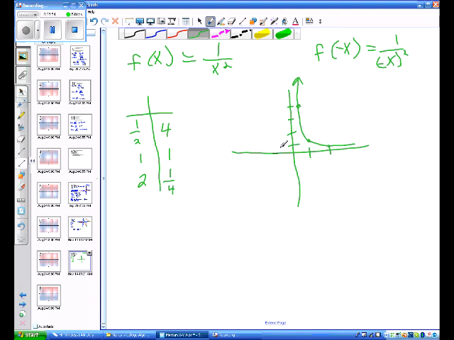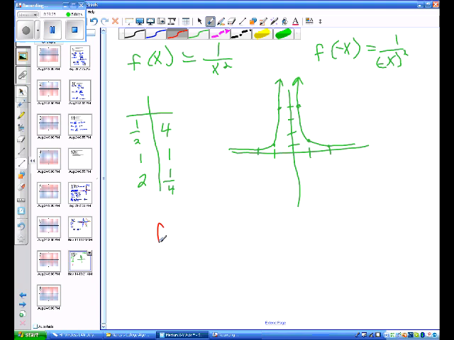Then at negative 1/2, I would still be at positive 4. At negative 1, I would be at 1. And at negative 2, I would be at positive 1/4. So instead of it being symmetrical about the origin, we're symmetrical about the y-axis. And then all those same things happen as you go through and you do your transformations.